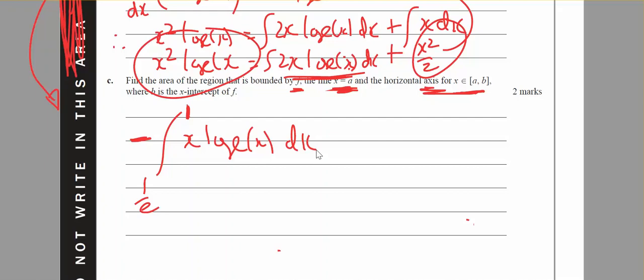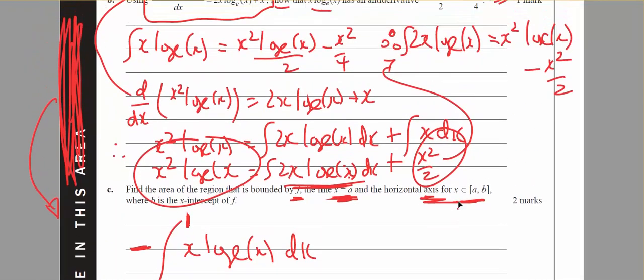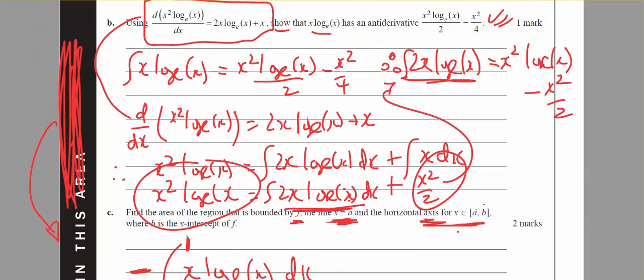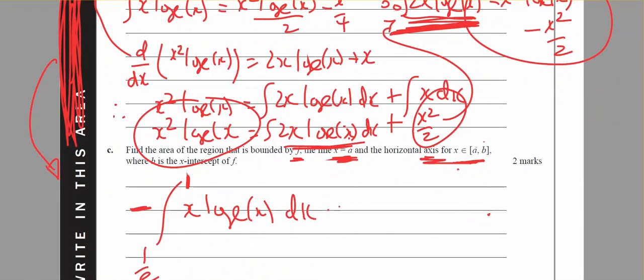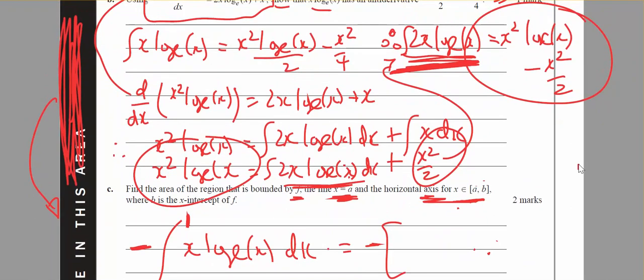And the last question showed me that the integral of 2x log base e of x is equal to all of this. So I'd like to use half of that. So it's going to equal negative, x squared on 2 log base e of x minus x squared on 4, from 1 on e to 1.